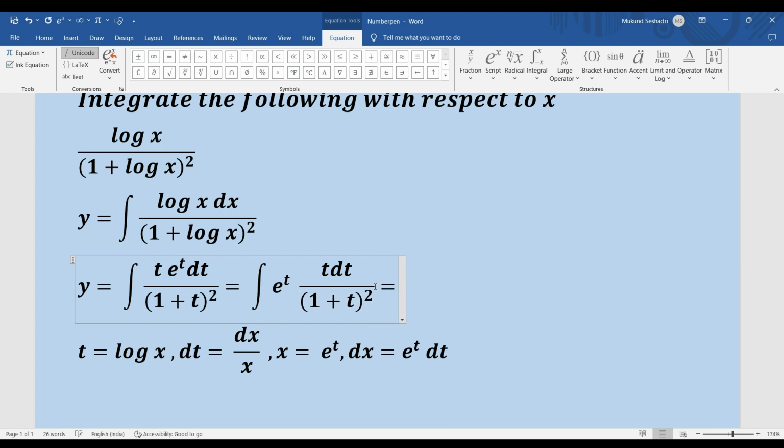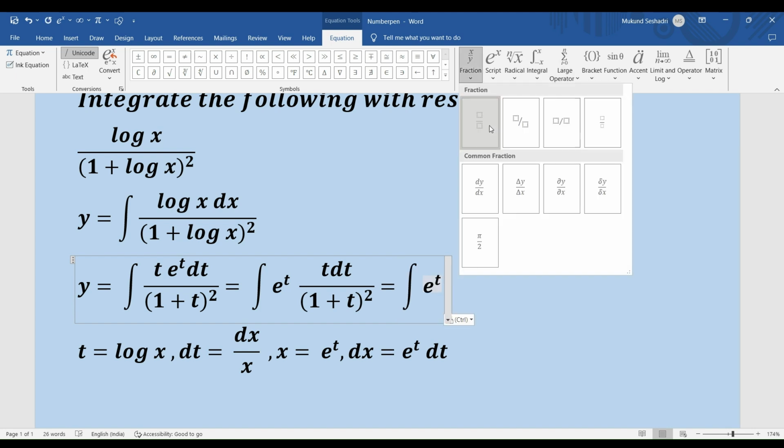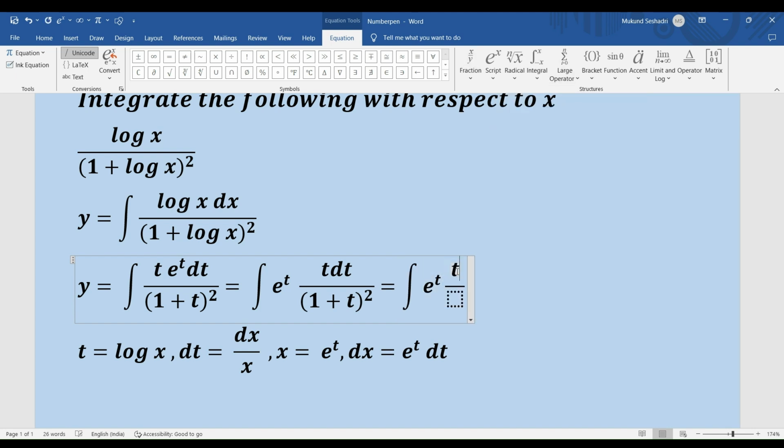I'm not going to touch my e to the power t for a minute. And can I alter the t dt by 1 plus t the whole square expression? The answer is yes, I can do that. I rewrite that particular expression as t plus 1 minus 1 the whole divided by 1 plus t square, right?